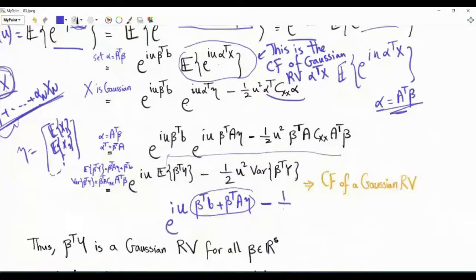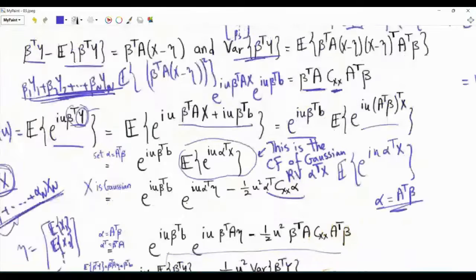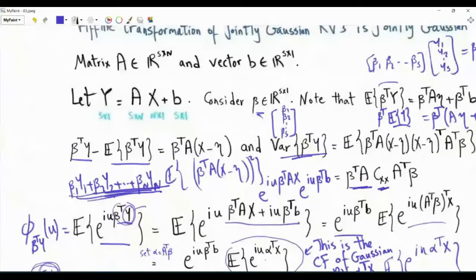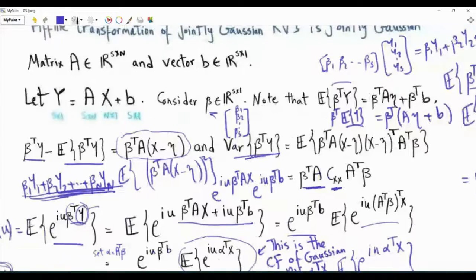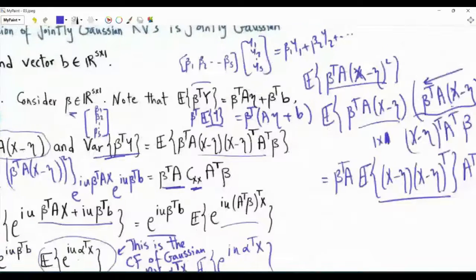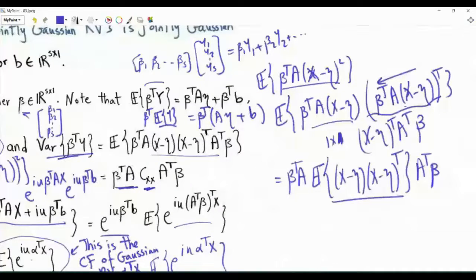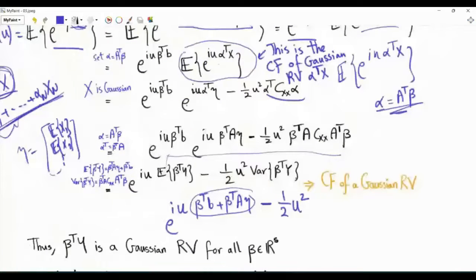Then we have minus 1/2 u squared, and then we have beta transpose A Cxx A transpose beta. When we computed the variance by computing the second moment, this is what we obtained. Remember the trick when we took the square, wrote it as a 1-by-1 matrix times its transpose, and then applied the expectation and obtained the covariance matrix of random vector x. Well, this thing is exactly the value.